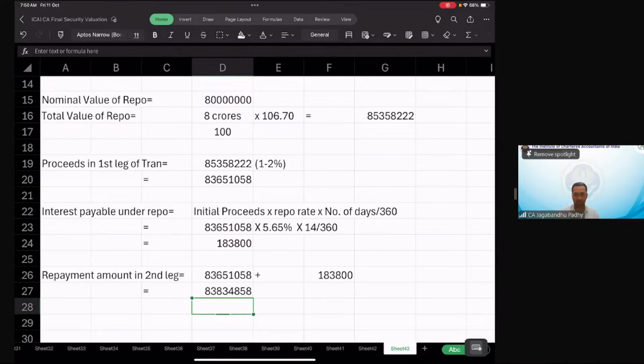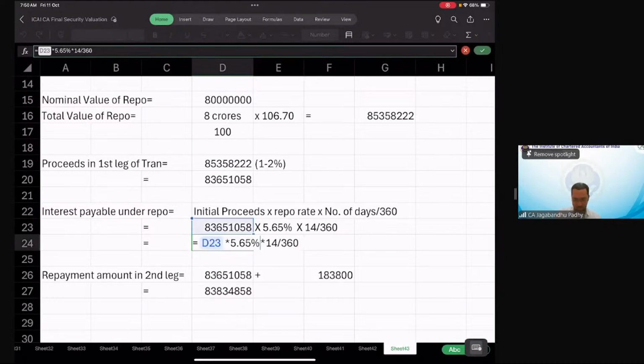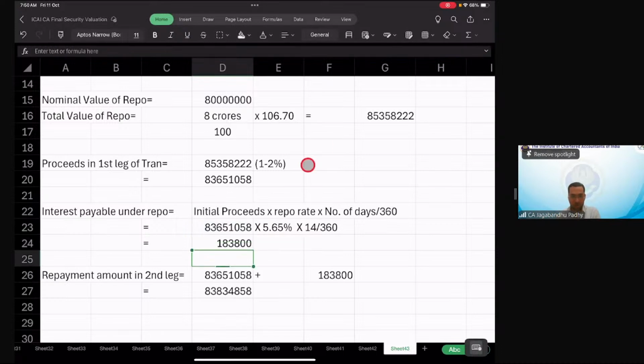This will be the amount paid by us in the second leg, computed at 5.65% for 14 by 360. This is the repayment amount in the second leg.